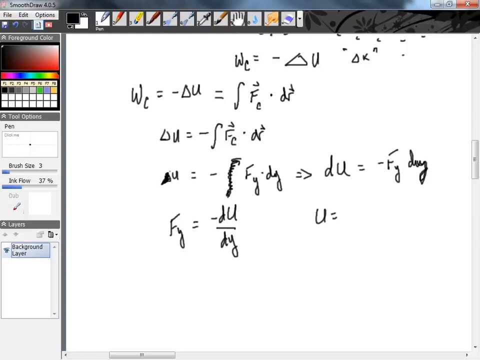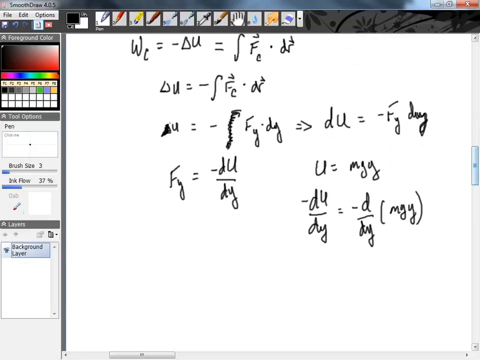U equals mgy. Okay, we're going to run this operator on it. Negative dU/dy is going to equal negative d/dy, this operator, on mgy. Well, this is pretty straightforward.